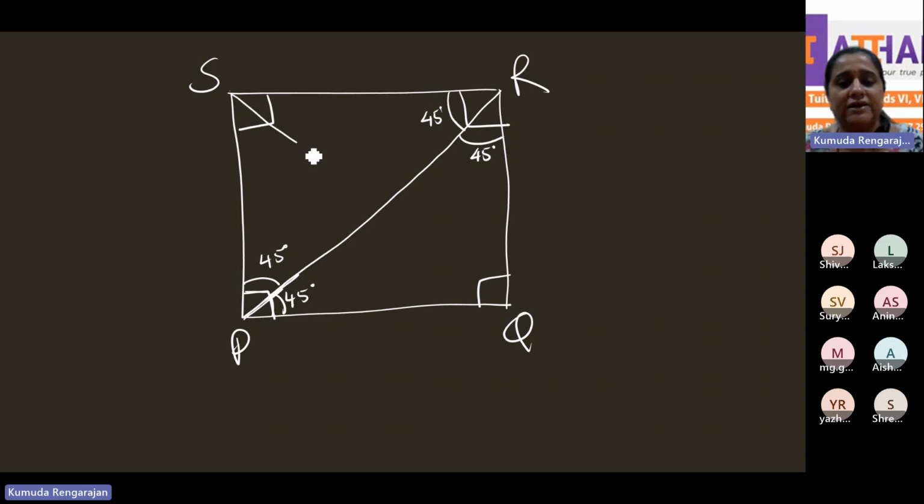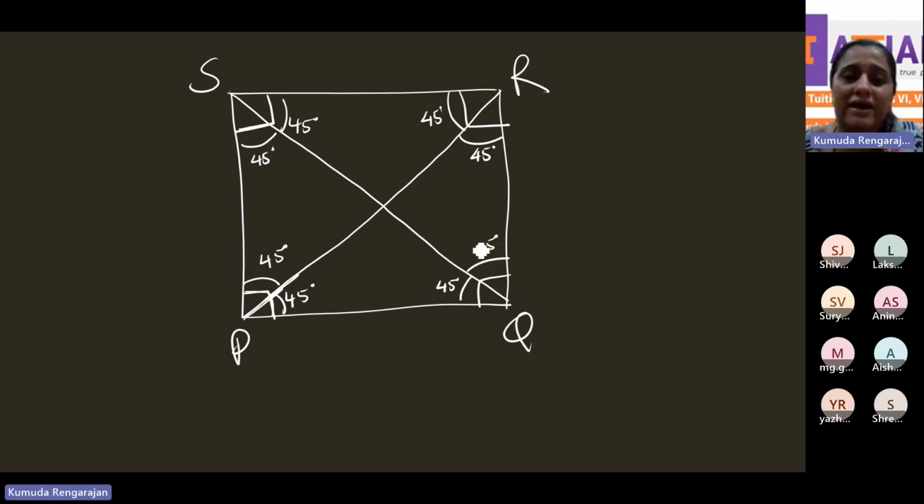And when we connect the diagonal QS, again the corner angles are divided. So this angle 90 becomes 45, 45. This one also 45, 45.